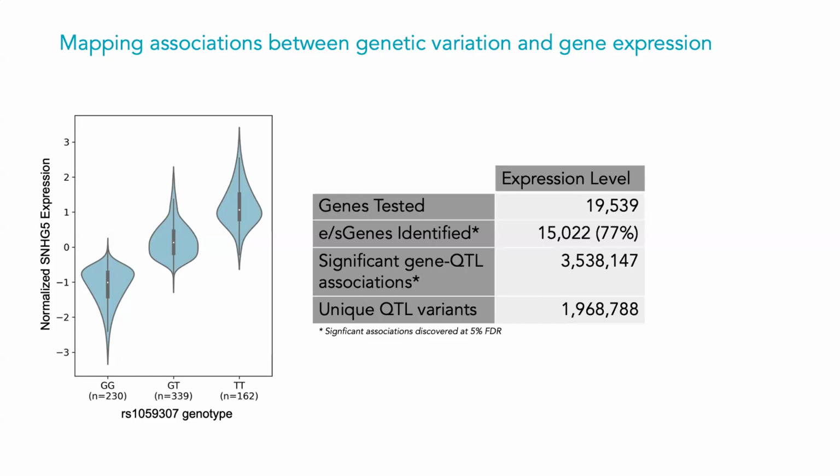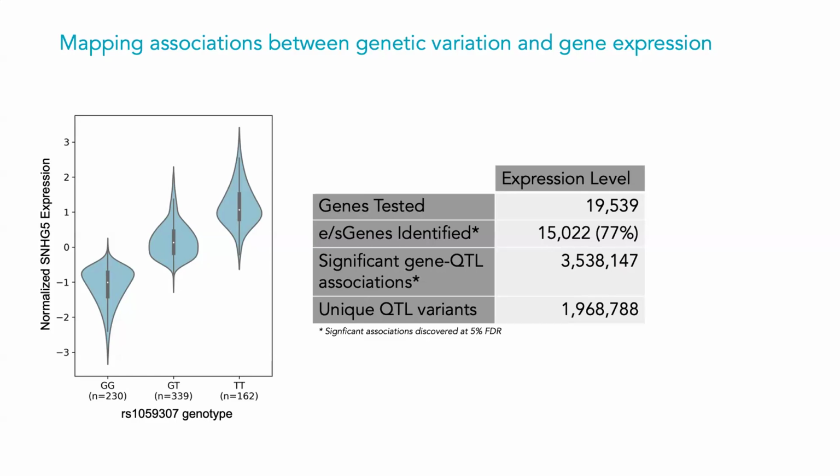But at a global level, of the about 20,000 genes that we tested, we can identify at least one significant eQTL for about 3/4 of them, for a total of about 3.5 million gene eQTL associations, about 2 million unique variants. And we think this is largely just a reflection of our sample size and our statistical power.